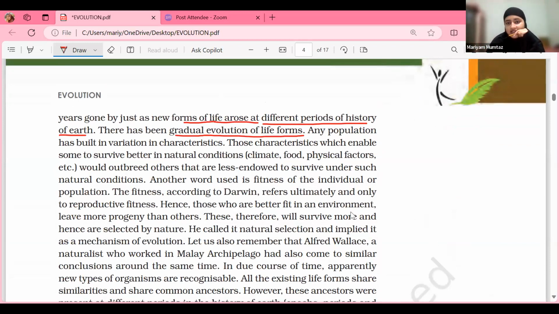Those characteristics which enable some to survive better in natural conditions, such as harsh weather, like climatic conditions, unavailability or the excessive availability of food, and certain physical factors, right? So all those who have adapted themselves would survive better than the ones who did not, isn't it?